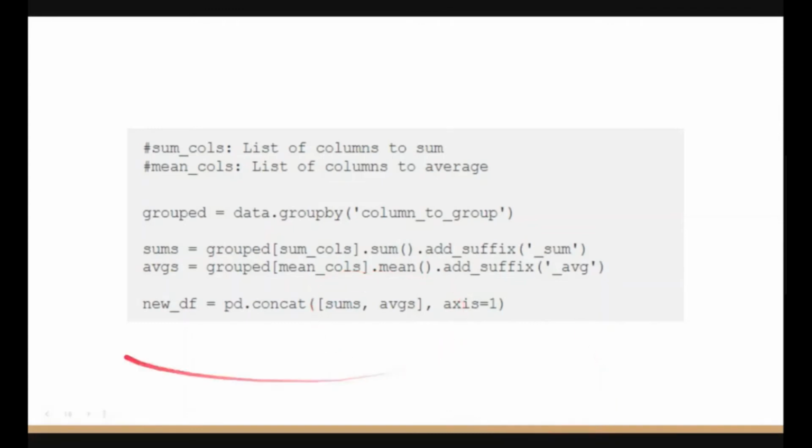That's the final step of this code. So it is usually simple in the case of numerical data, as you are seeing in this example, whereas when it comes to categorical data, it is a bit more complicated.